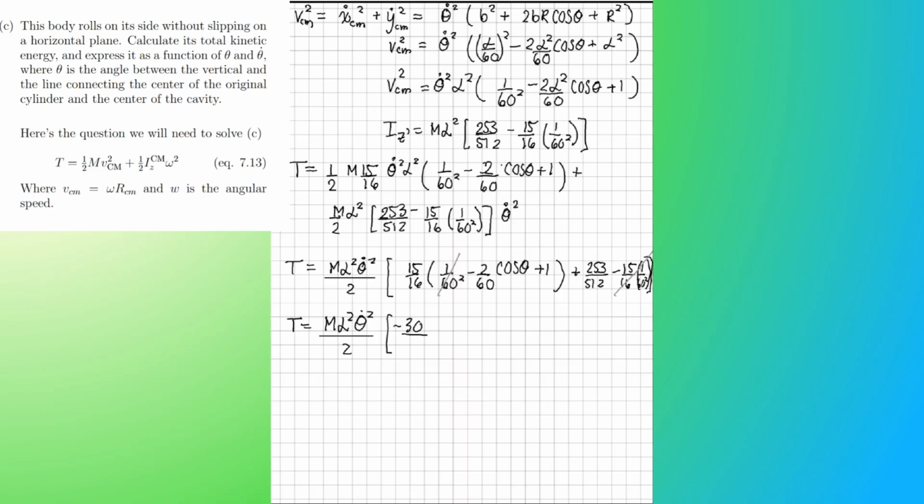So we have 60 multiplied by 16, 960 cos theta, plus 15 divided by 16, plus 253 divided by 512. And we can calculate this. This is equal to 15 multiplied by 32 plus 253 divided by 512.